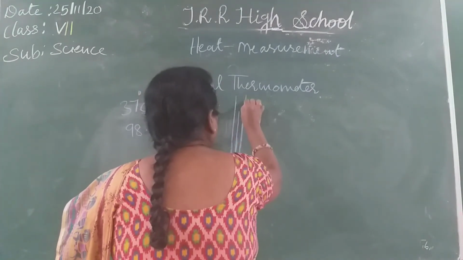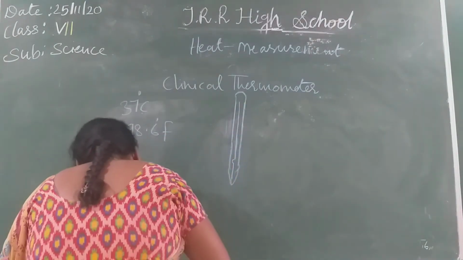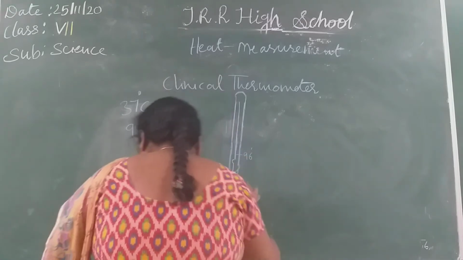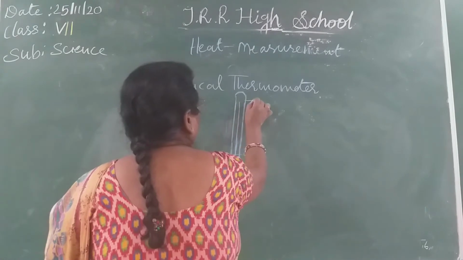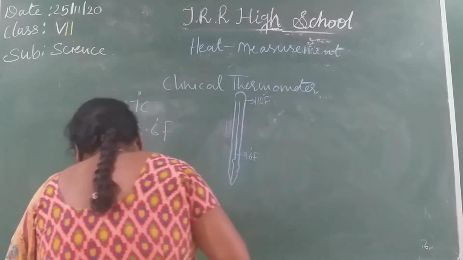The temperature readings start with 96 degrees Fahrenheit, and the highest temperature will be 110 degrees Fahrenheit. This is the Fahrenheit scale.